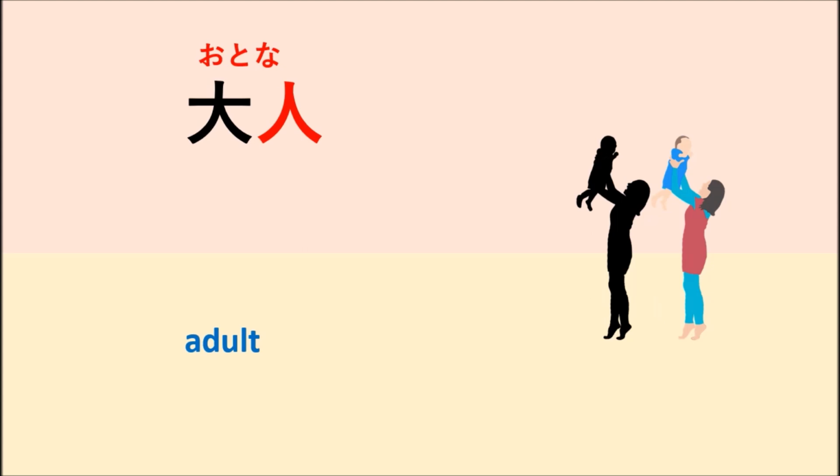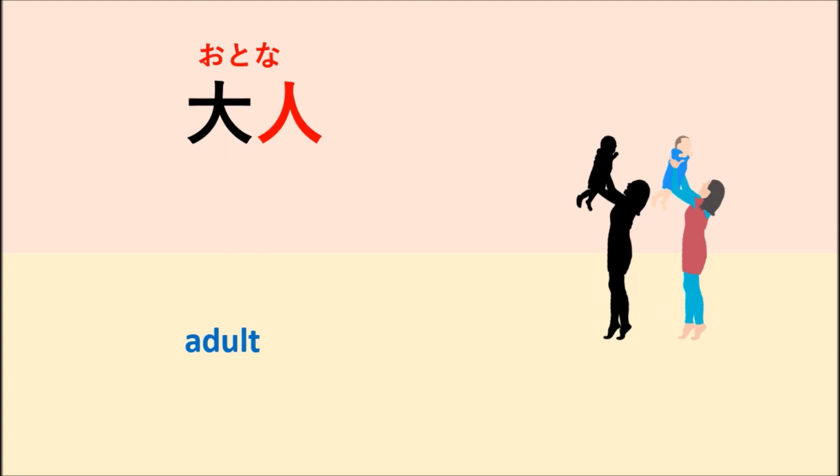And it is a special reading. It doesn't have an onyomi reading or kunyomi reading. This is a special reading, so you have to remember it, not depend on the onyomi or kunyomi reading.